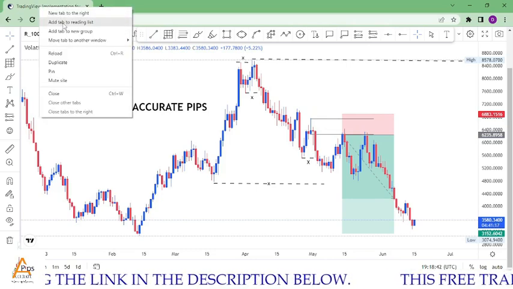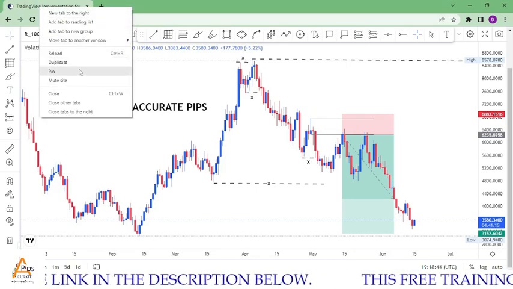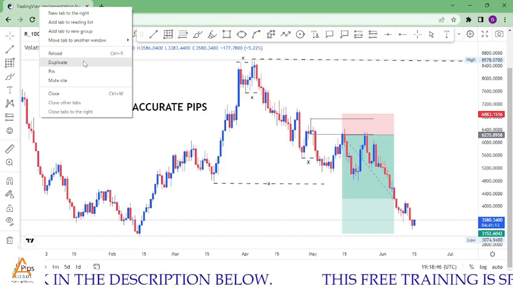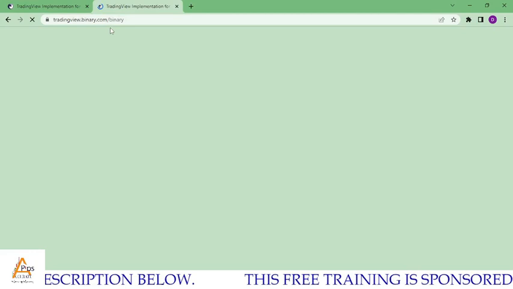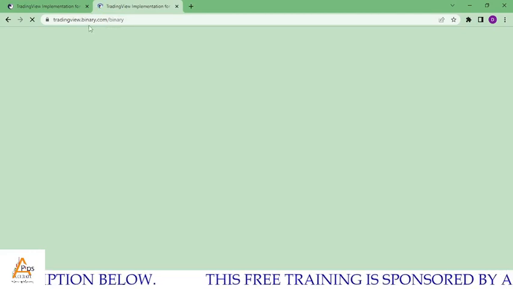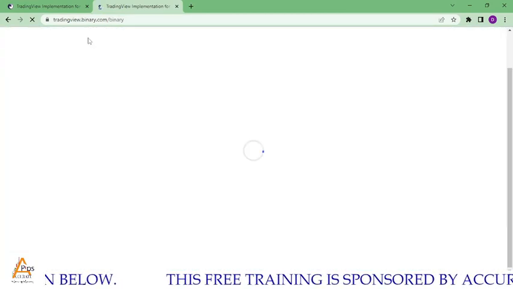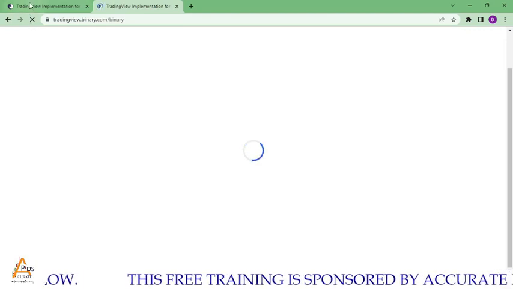It was a swing trade I took several days ago. So let me use a different chart here to do this.